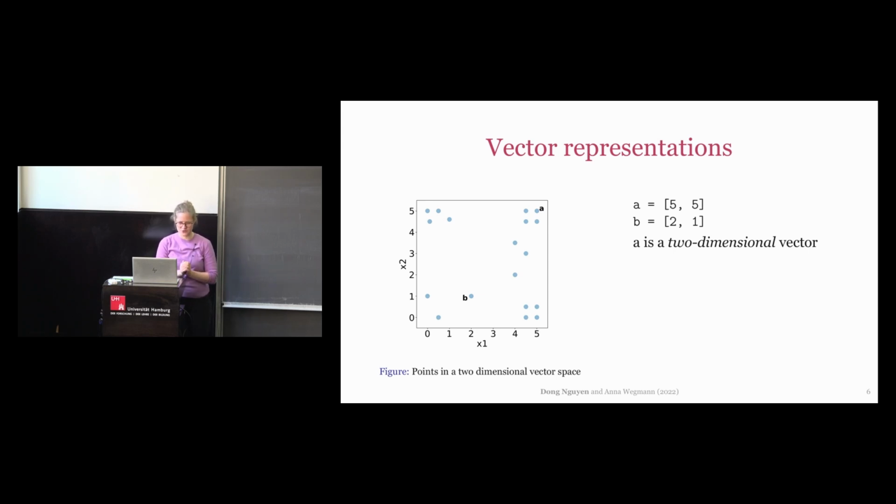Usually at school, for example, we have two points defined by two numbers. So A here is defined by 5, 5, and then we can draw a little point in space. And the same, for example, for B here. So this is what we would call a two-dimensional vector, because we have two elements of information in there.